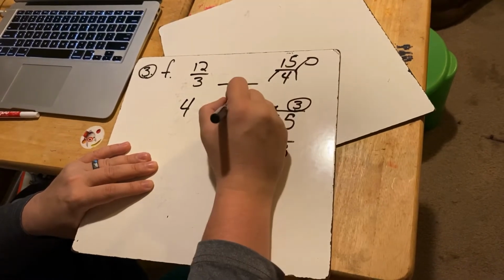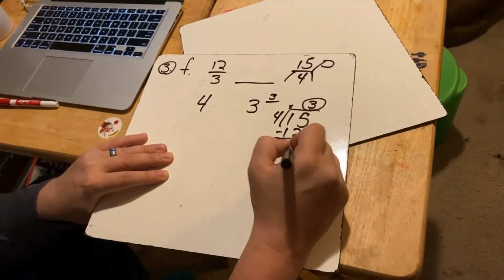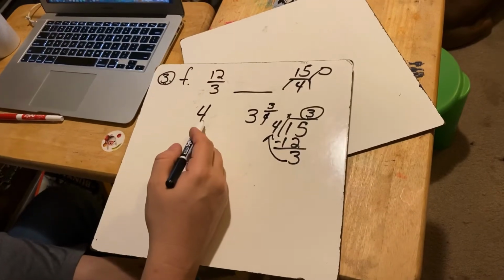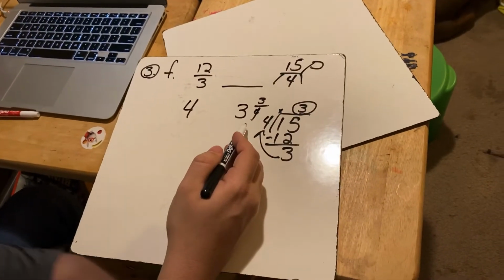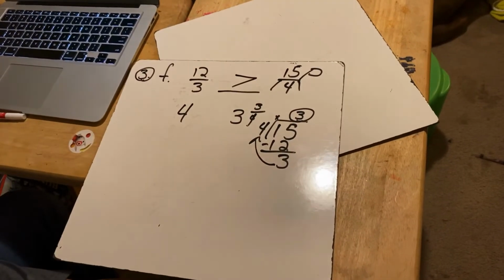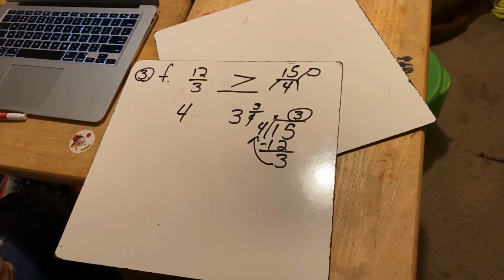Here's my whole number, 3. There's my numerator. And there's my denominator. And if we're comparing 4 wholes to 3 and 3/4, we know. There you go. 12/3 is greater than 15/4.